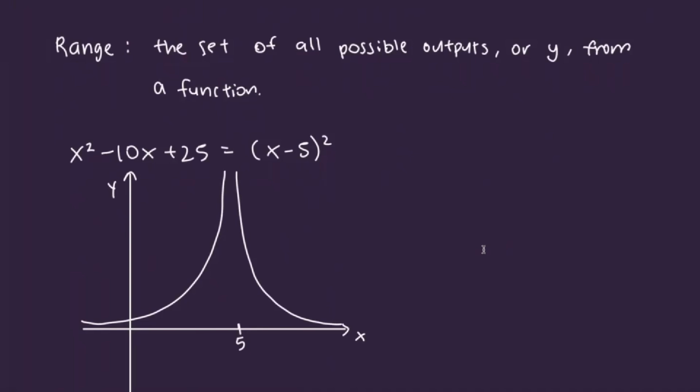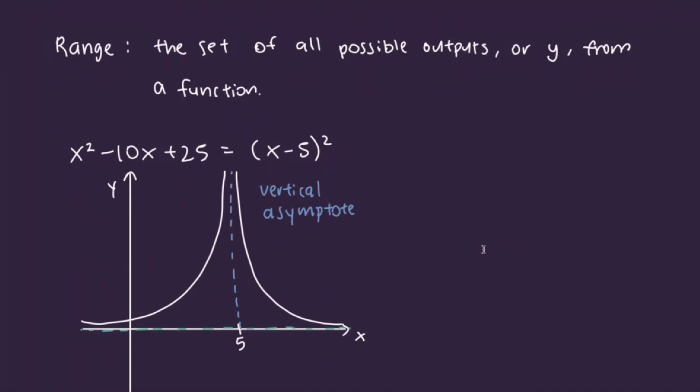As you can see, there's no value at x equals 5. It is like an invisible line that the graph never touches. But the graph gets closer and closer to this invisible line. This is called the vertical asymptote. But you can also see that the graph doesn't go below the x-axis.